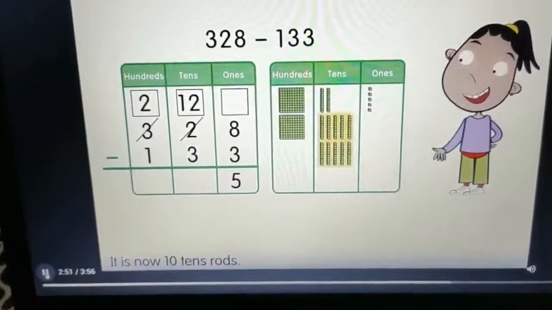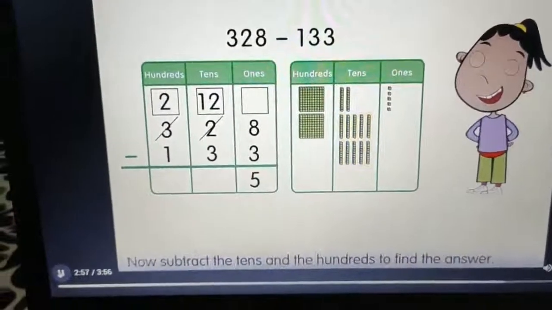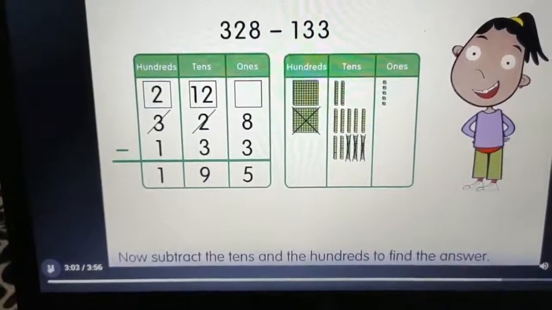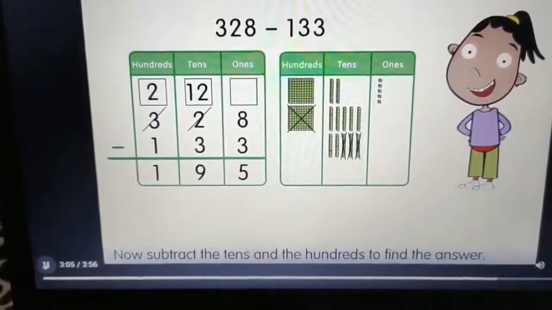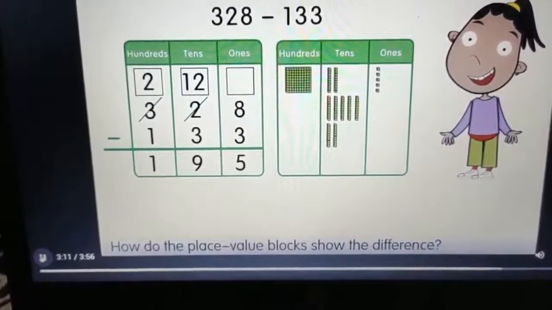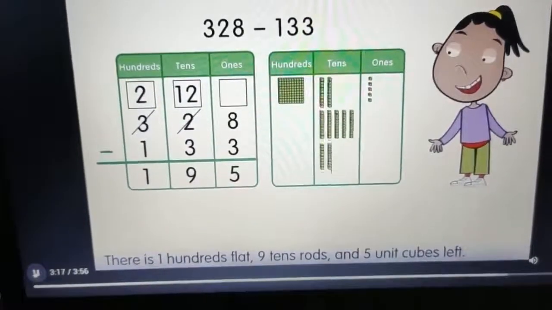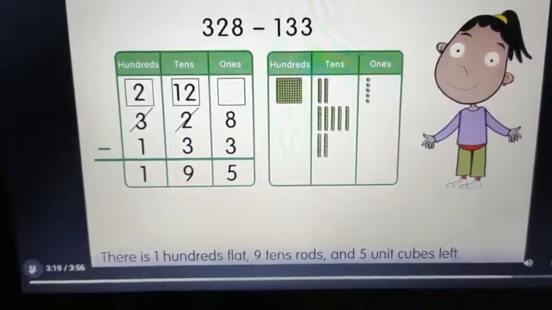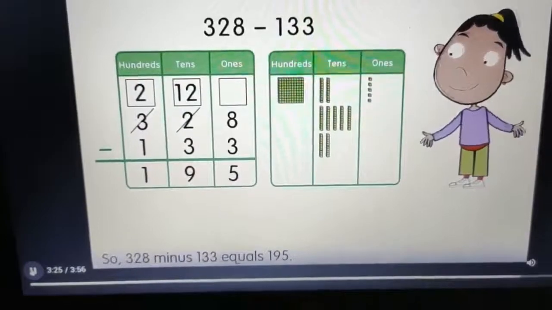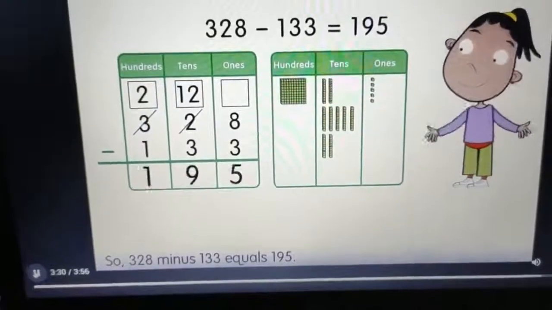It is now 10 tens rods. Now subtract the tens and the hundreds to find the answer. How do the place value blocks show the difference? There is 1 hundreds flat, 9 tens rods, and 5 unit cubes left. So, 328 minus 133 equals 195.